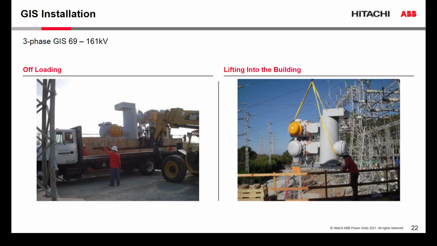In this case, it's the three-phase design, 69 to 161 kV equipment. The equipment is typically installed in larger shipping units, which can be the entire bay. For example, on the right side, you have a complete tiebreaker floating into the substation, which is completely pre-assembled and will just be interconnected to its counterparts on the left and the right side.